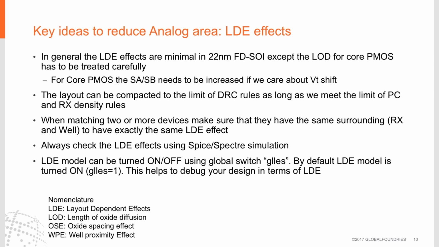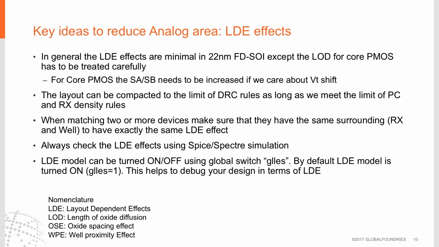In analog cases where you need good matching and low VT shift, a longer SASB or well-matched SASB is desirable. The layout can be compacted to the limit of the DRCs so long as you meet the limits of the PC and RX density rules.